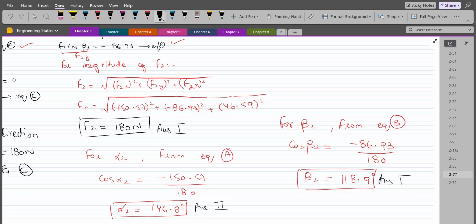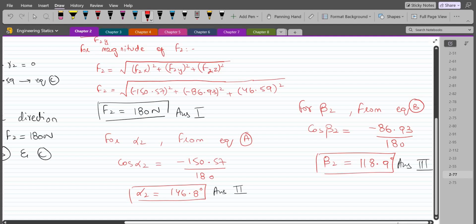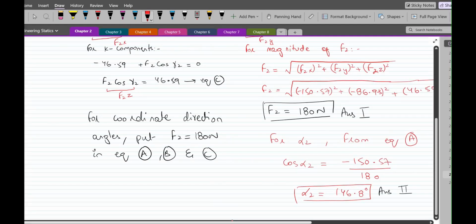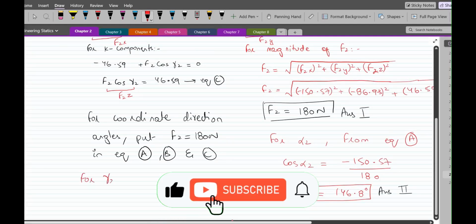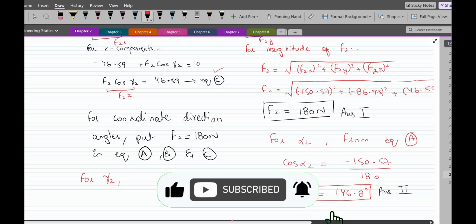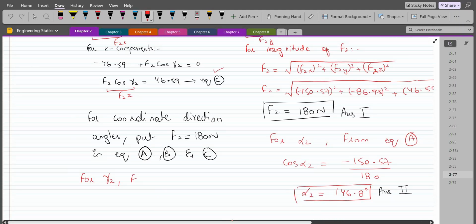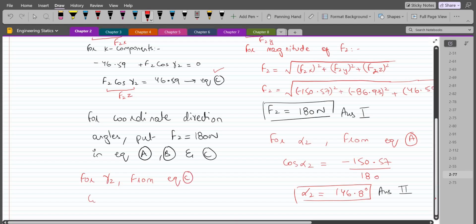Now we have to find gamma 2. For gamma 2, we have to consider equation C. From equation C, cos gamma 2 equals 46.59 divided by F2, which is 180.